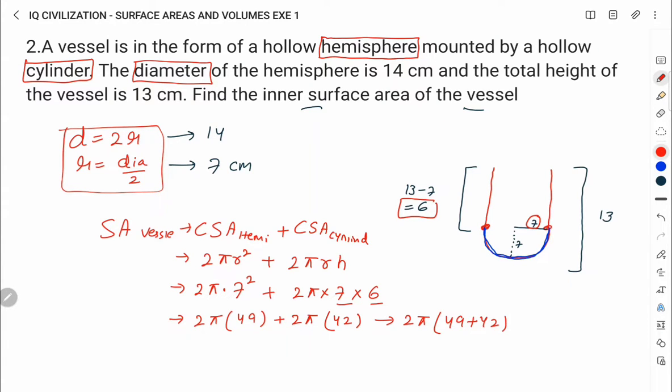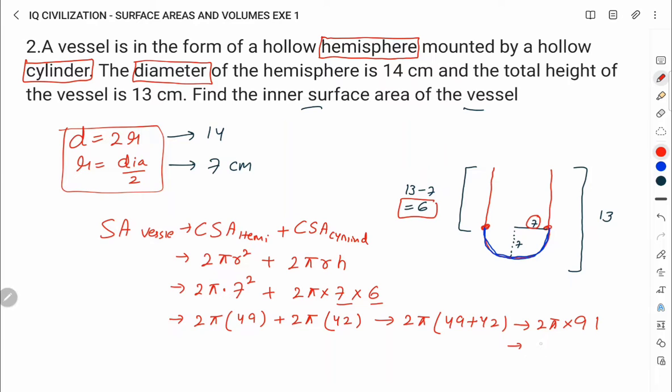Why I am writing all steps is just to make you understand. We can write it directly, but in CBSE more elaborate answers will fetch more marks. So 2 pi into 49 plus 42, this is 91.